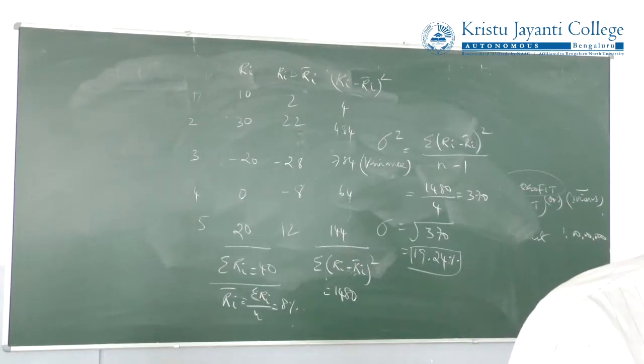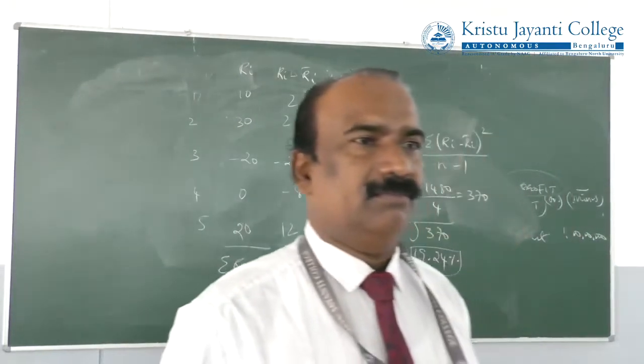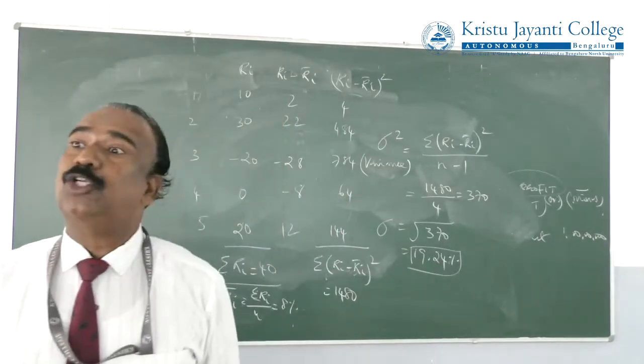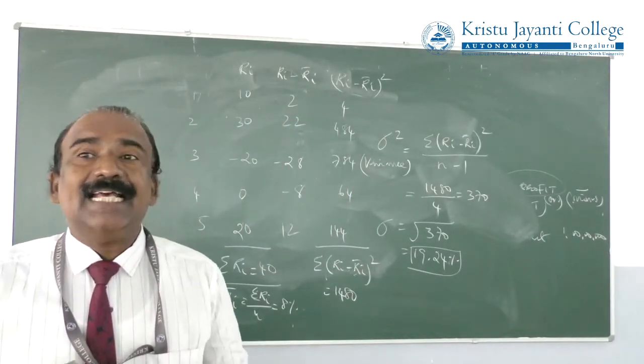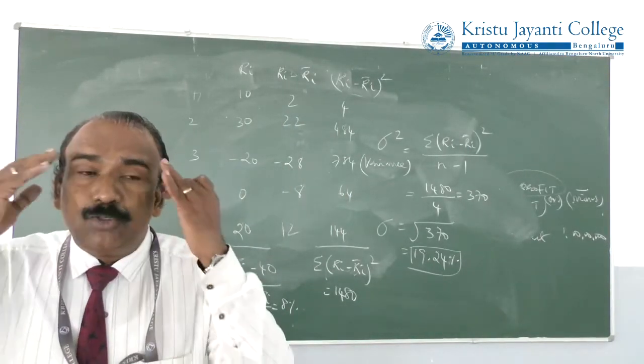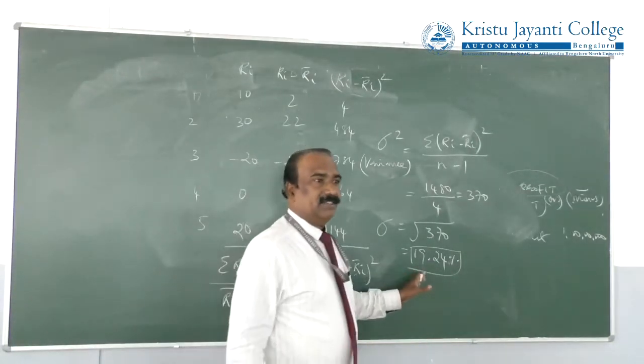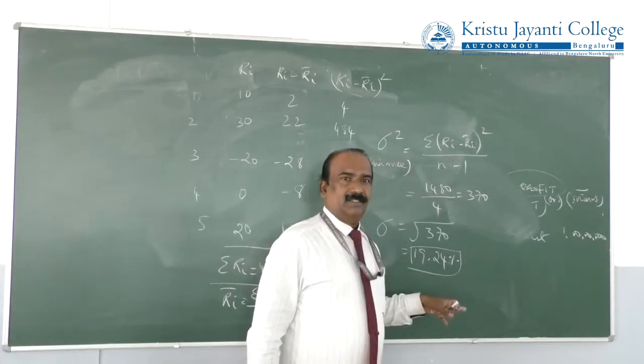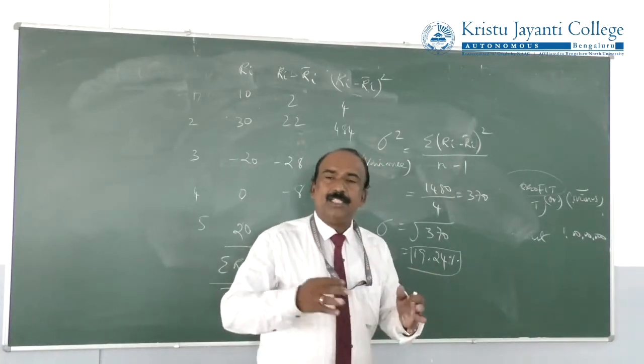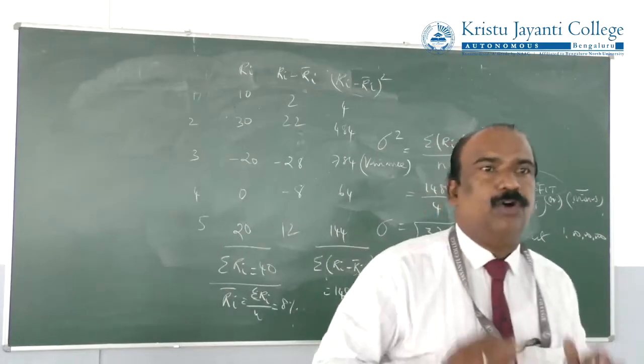Standard deviation is an absolute measure. It doesn't give us anything to take a decision. It is not a relative measure; it is an absolute measure. So we can say the standard deviation of a stock return is 19.24.